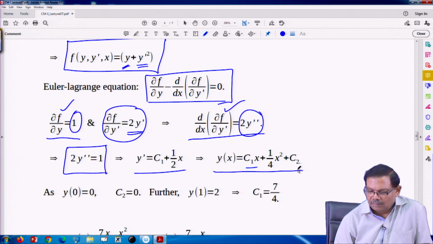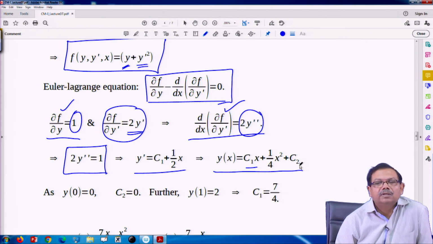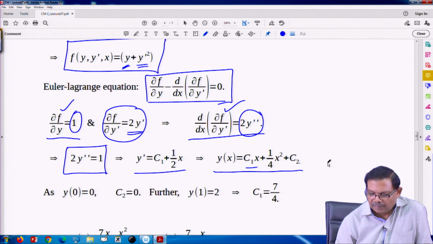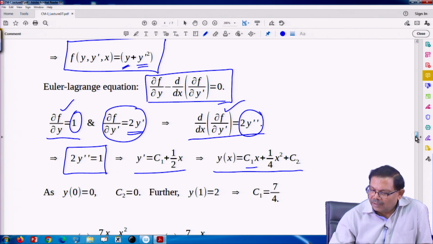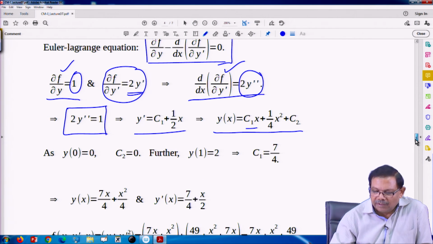So, there are 2 constants of integration, because the Euler-Lagrange equation is a second order differential equation. And now, with the initial conditions we can find them.